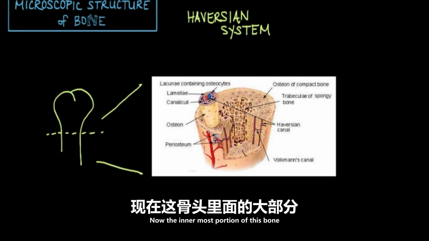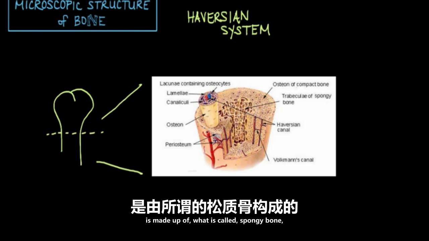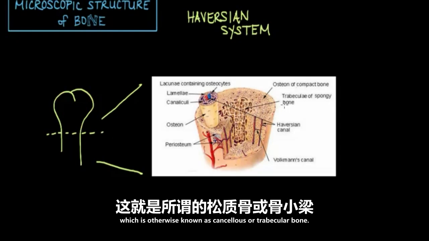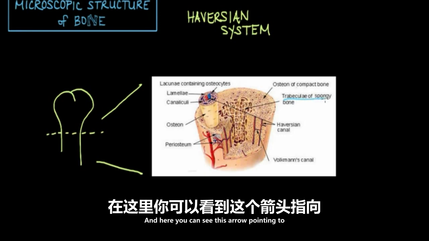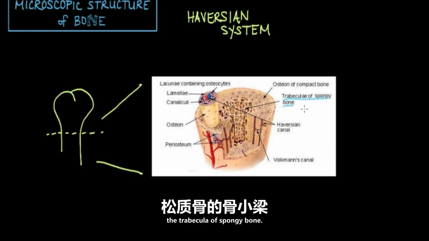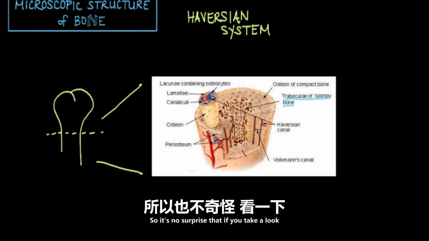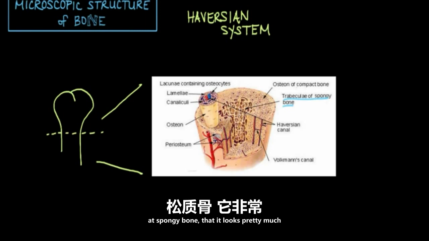Now the innermost portion of this bone is made up of what is called spongy bone, which is otherwise known as cancellous or trabecular bone. And here you can see this arrow pointing to the trabecula of spongy bone. And so it's no surprise that if you take a look at spongy bone, it looks pretty much a lot like a sponge.